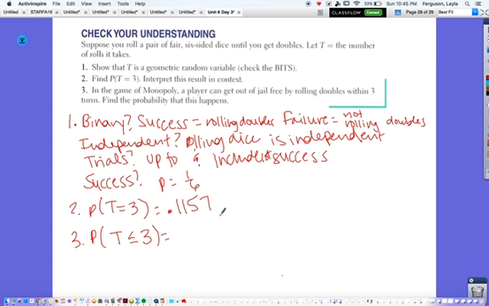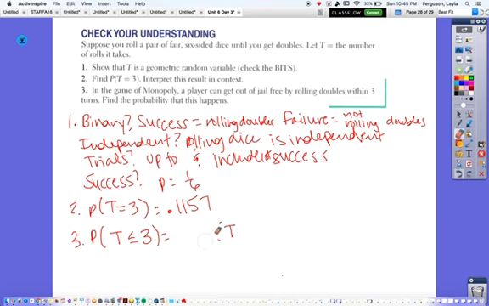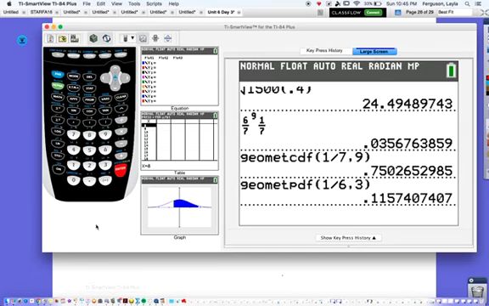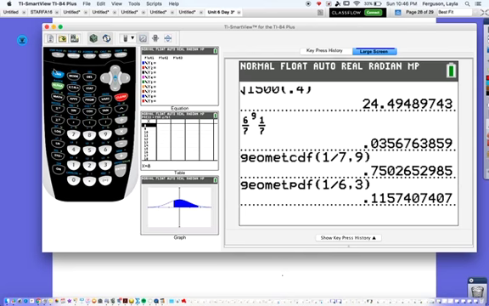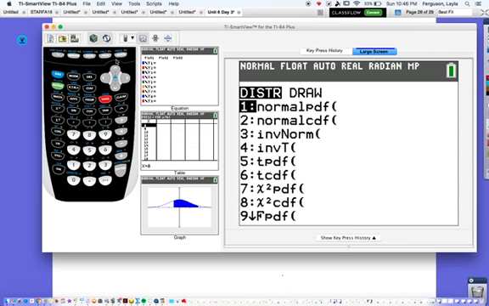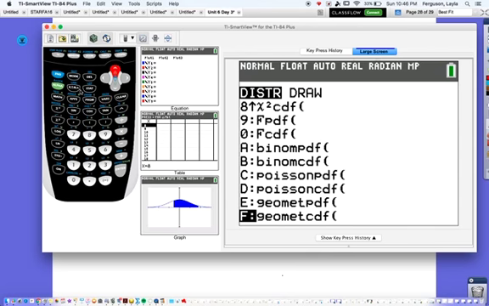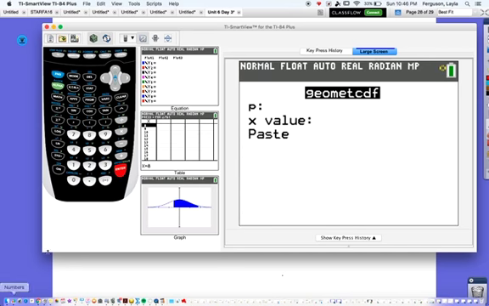Because it's less than or equal to 3, we can do this on the calculator by using geometric CDF instead of geometric PDF, because it's a less than or equal to. So we would go on our 2nd VARS menu, and we would go to geometric CDF.